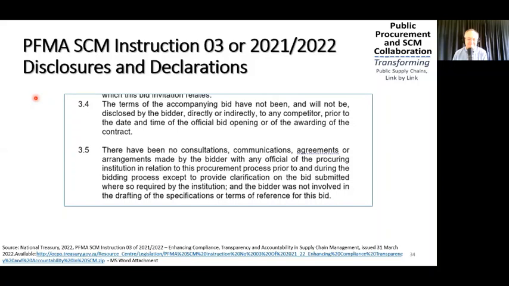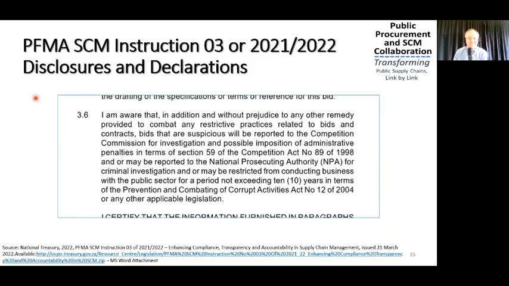So this 3.5 seems too draconian, because those processes seem to have been consultation communications. So it seems to ban normal market research, which is again ridiculous.